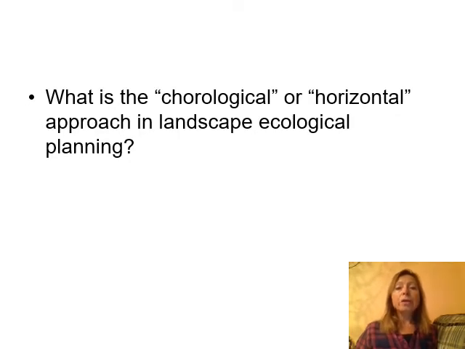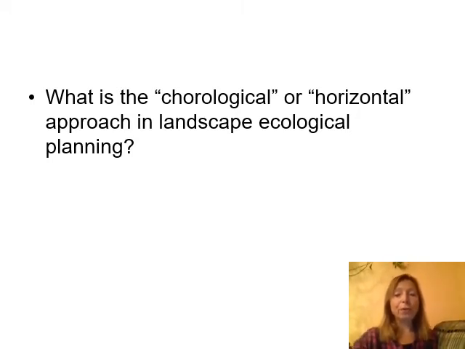On the other hand, chorological relationship is another type of spatial relationship, which really refers to horizontal processes and horizontal connections within the landscape. As we approach the landscape from a chorological perspective, we are really looking at the landscape from, we imagine, the bird's-eye view of the landscape.